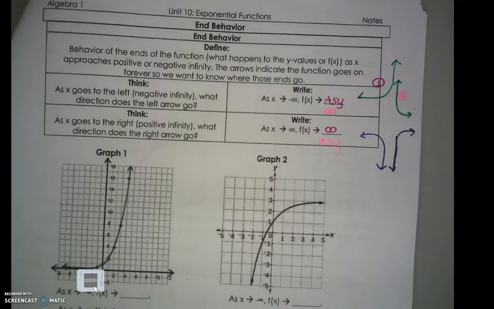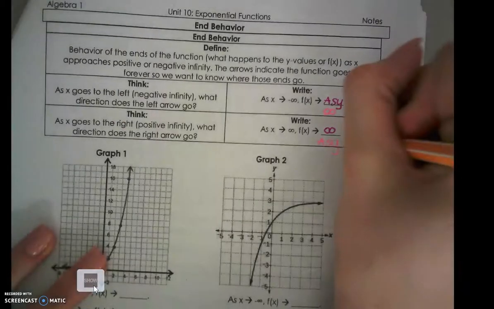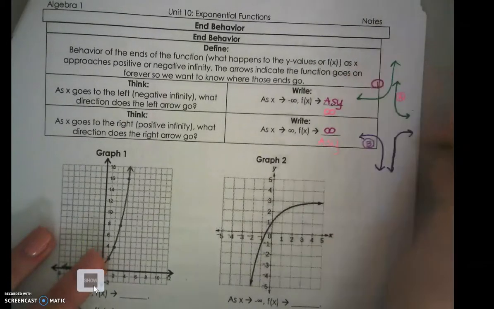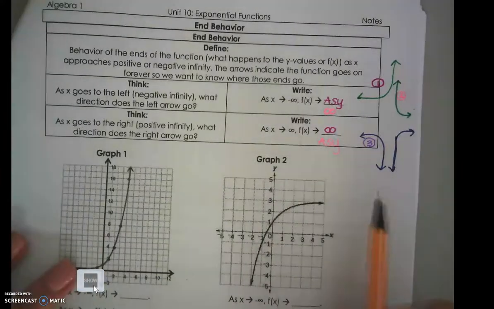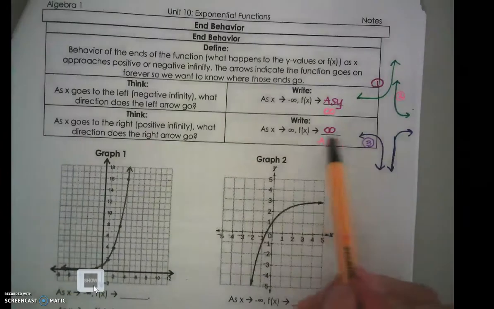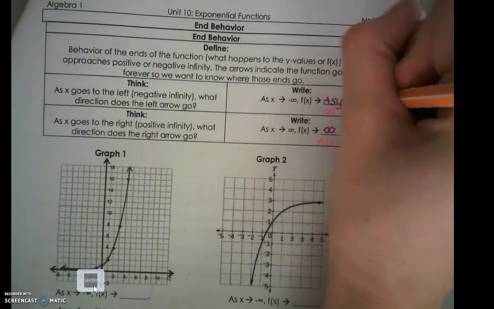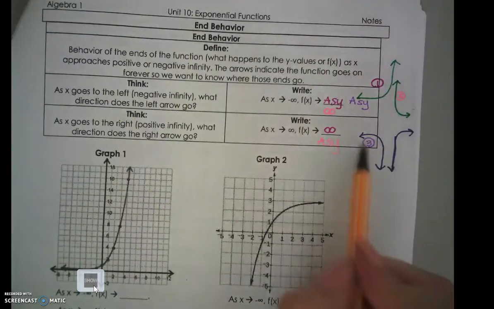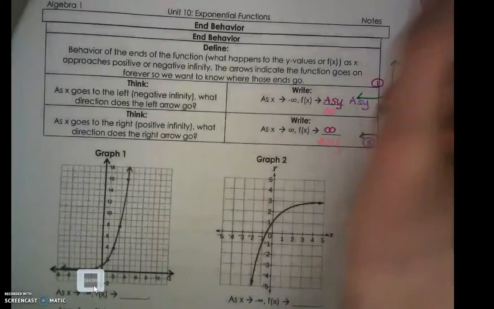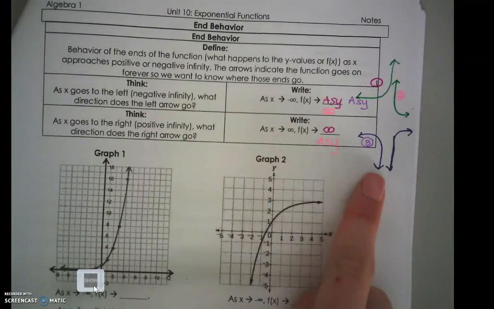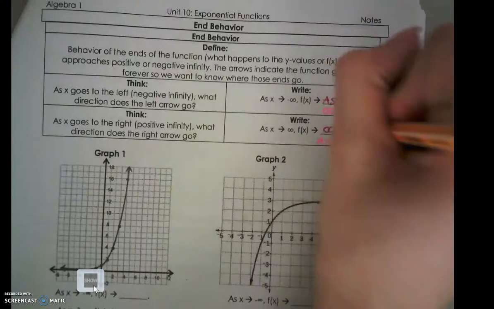So this example 3 here, as my x values get more and more negative, I'm still approaching my asymptote. And as my x values get more and more positive, I'm headed towards negative infinity now. This arrow is being pointed down.